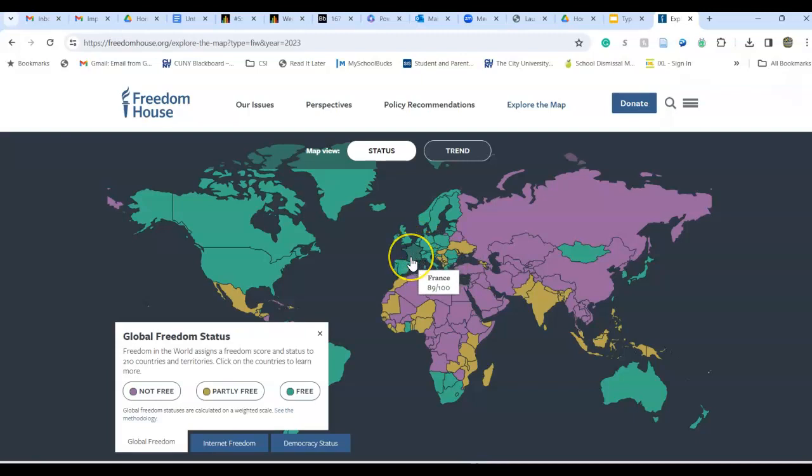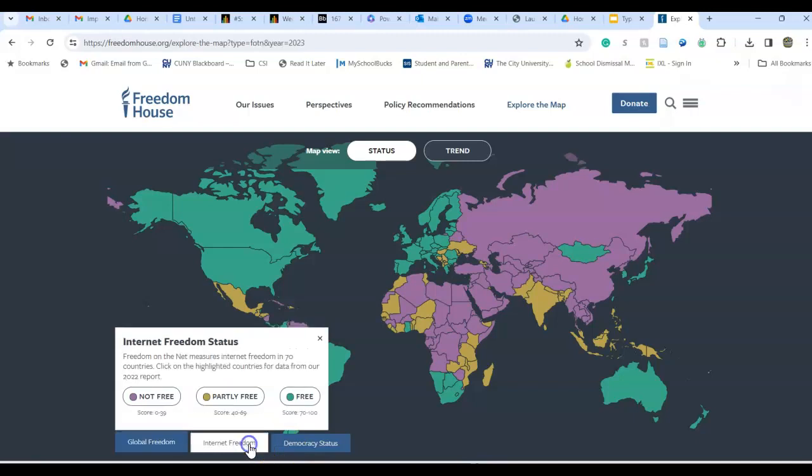Germany is at 94, France at 89, the UK at 93, Australia over here at 95, Japan at 96. So the United States is free. We are a free democracy. But we still have some issues and things that we need to think about and maybe talk about.